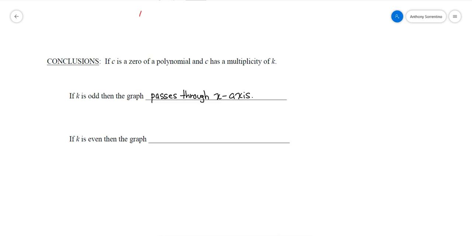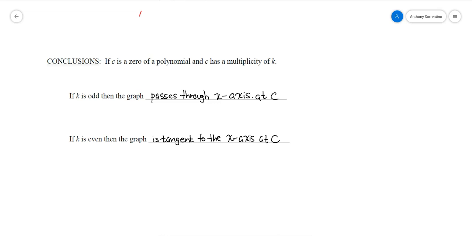If k is even, then the graph is tangent to the x-axis. And both of these I should really say at c, because that's what we're assuming is the value of the zero.